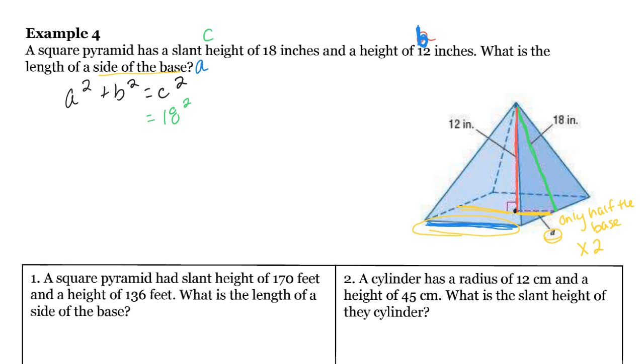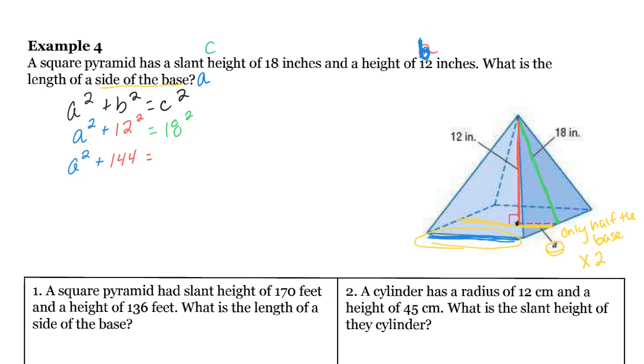The side of the base is A. Our B is 12 squared, and we need to find the length of our base, our A. Okay, so we just bring A squared down. What is 12 squared? What is 12 times 12? That's 144. What's 18 squared? 18 times 18 is 324.